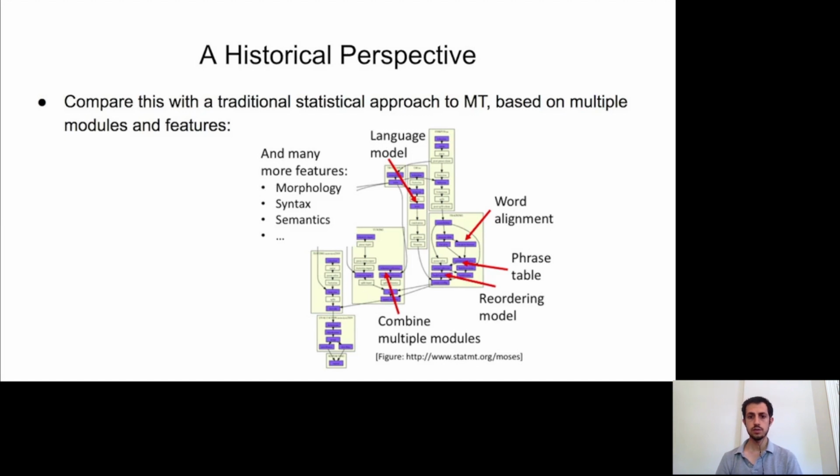The main point to note here is that there are many different blocks, each of them responsible for some other aspect of the translation task. We have a language model, an alignment model, a phrase table, a reordering model, and possibly a lot more features. This is a pretty complicated system that combines all these modules in some heuristic way to perform translation.